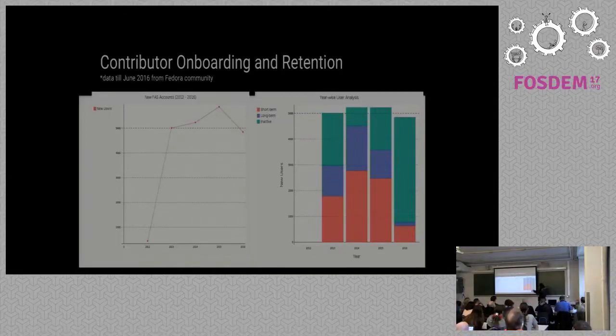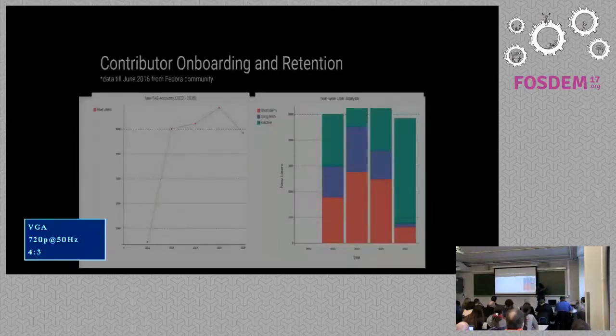As you can see, there is quite a rise in the number of Fedora accounts. But here, the orange represents short-term contributors. These are contributors who joined the Fedora community and left within 3 months.